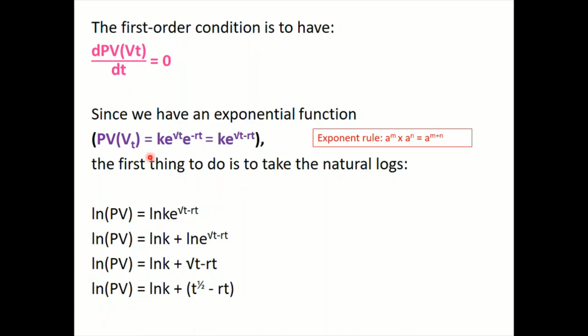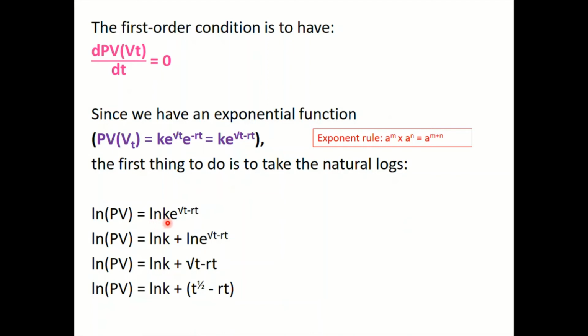Remember we need to differentiate this with respect to t, time, and we saw earlier on in the session that taking natural logs can really make it easier to differentiate. So if we take natural logs of both sides, we have the natural log of PV on the left hand side, and on the right hand side we can simplify somewhat.